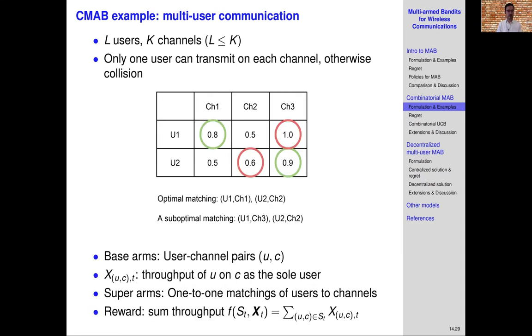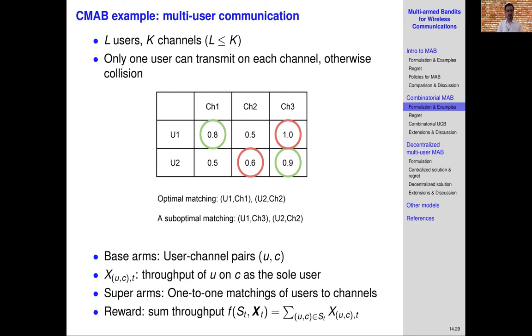In this case, base arms are user-channel pairs. The base arm outcomes are the throughput that users can get from those channels when they transmit as the sole user of that channel, and the superarms are one-to-one matchings of users to channels. The reward of a superarm is the sum of the throughputs.